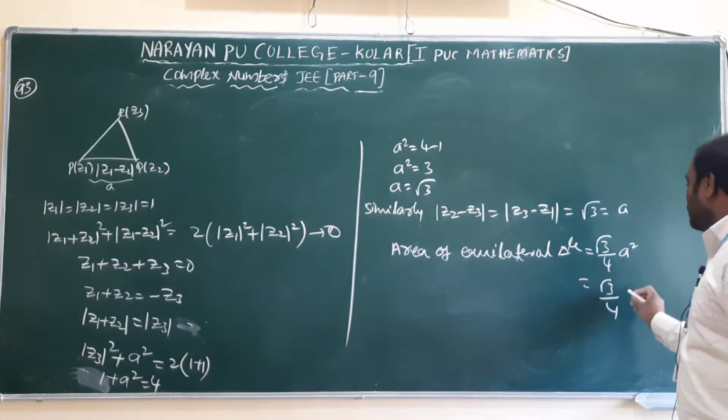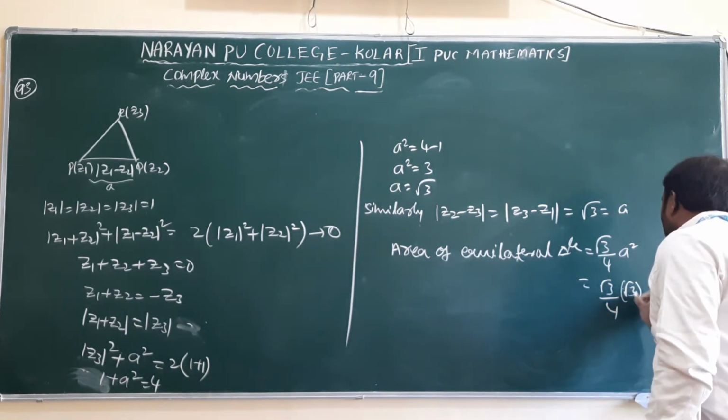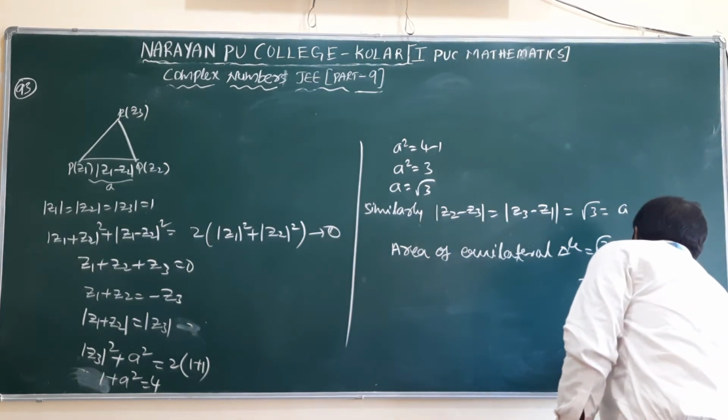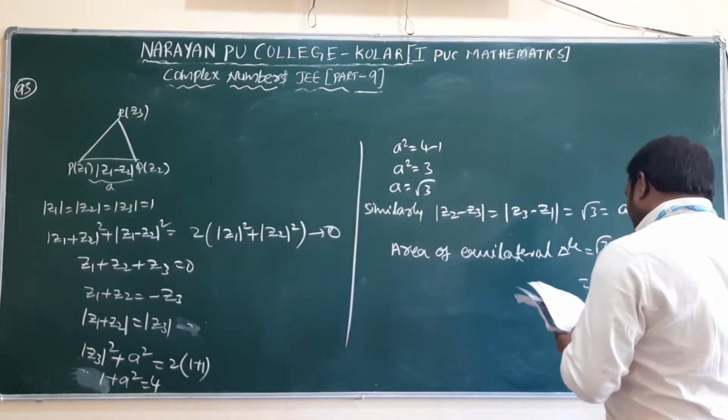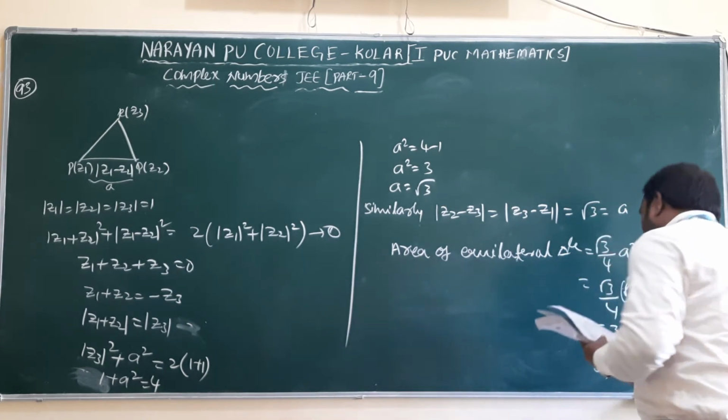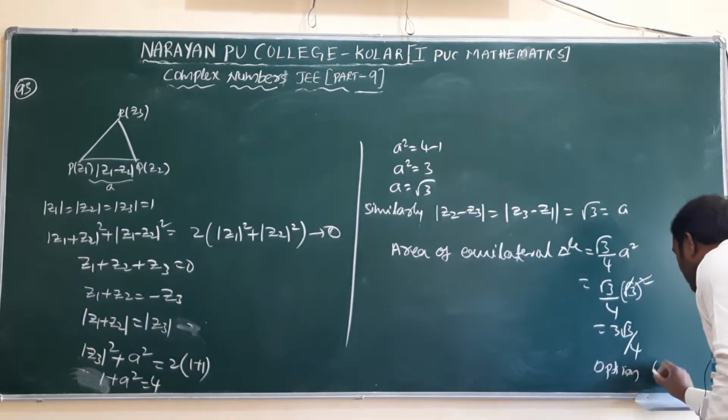Here a value is root 3 whole square, the square root gets cancelled. So 3 root 3 by 4. Here option A is the correct option.